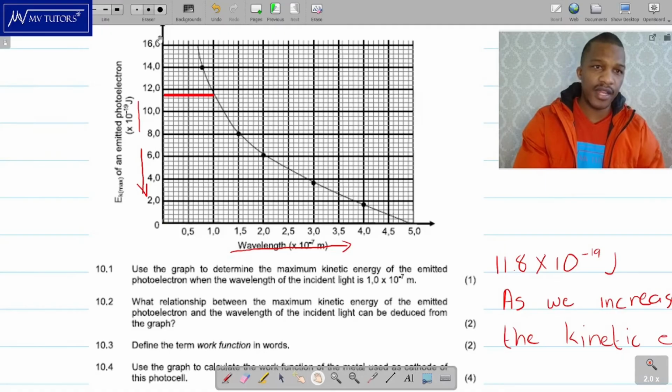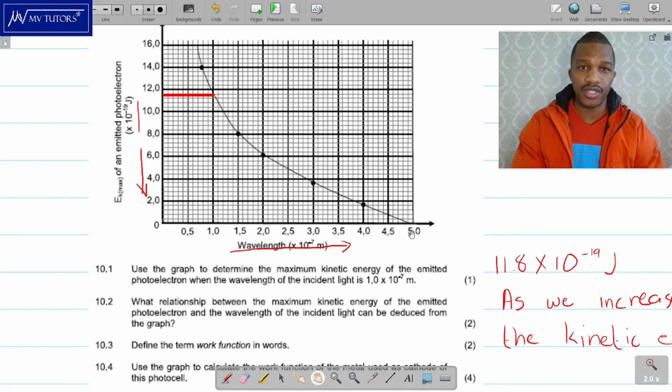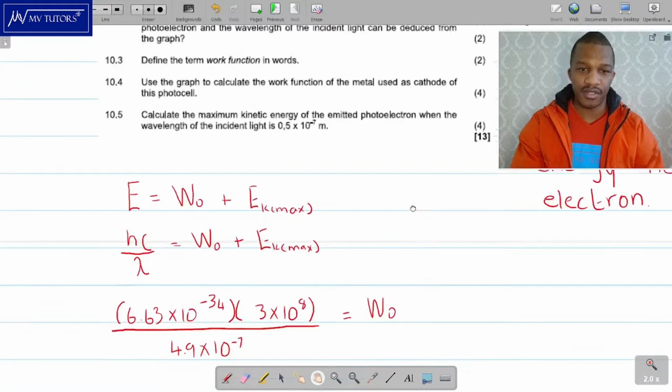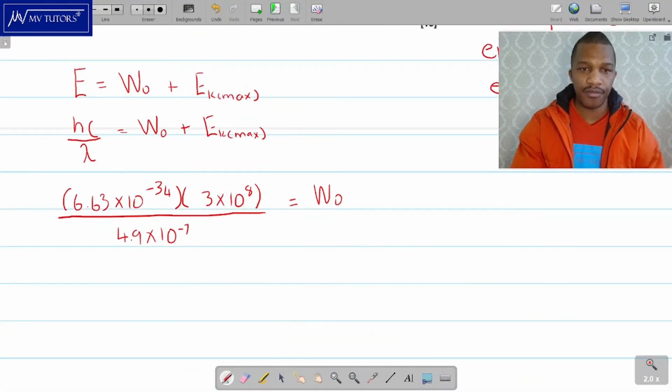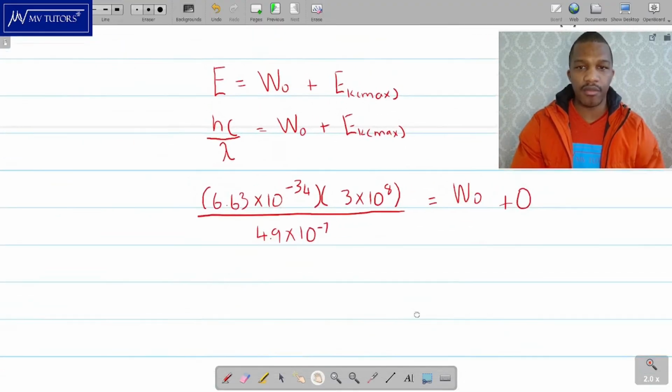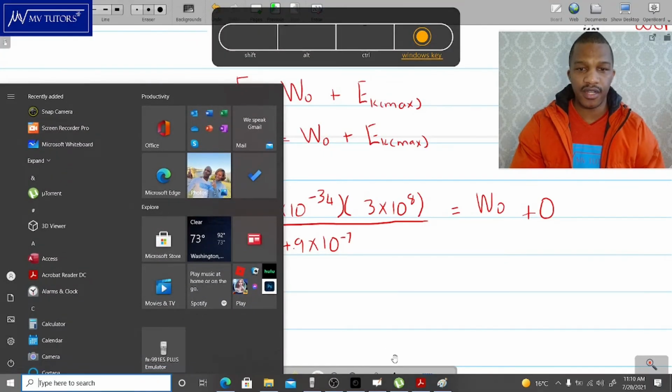If you look at the graph, at 4.9 wavelength our maximum is 0. So here we'll just say plus 0. Then we can solve this. Now I'm going to need to grab my calculator. Let's grab the calculator right here.